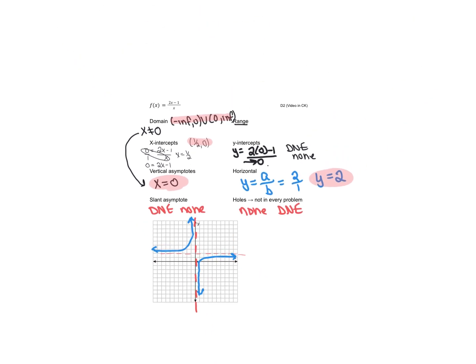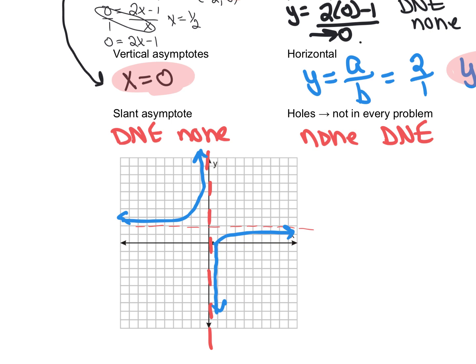What we can't forget when we are all done is to go back and do our range. You read the range from the bottom to the top. If you start down here at the bottom and work your way up, you have a graph from negative infinity to 2.